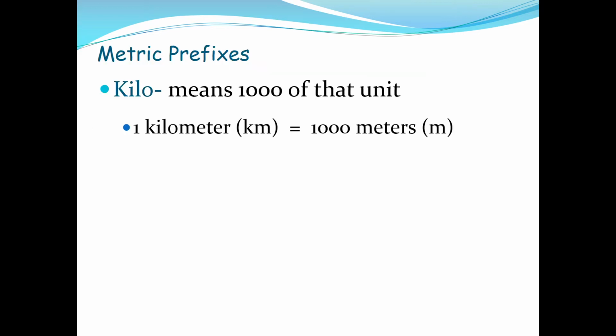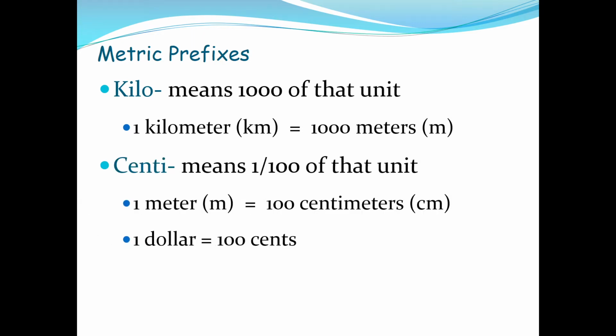Kilo means 1,000 of that unit. So a kilometer, sometimes called just kilometer. But you can replace the word kilo with the word thousand. So 1 kilometer is the same thing as 1,000 meters. Centi means 100th of that unit.